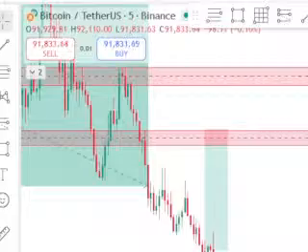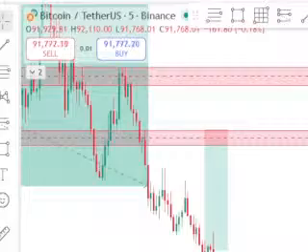At this point of time, you're asking yourself, since price just broke this last swing high, what is the lowest point that price went to that led to this break of structure? So you can use this box tool method. Drag it out and go all the way down to the lowest point, and you will see it's this one right here. This will be the swing low. That means you must go all the way down to the lowest point, not this one right here, guys. The lowest point that led to the break of structure. So that is how you identify your swing low and swing high in a bullish market structure.